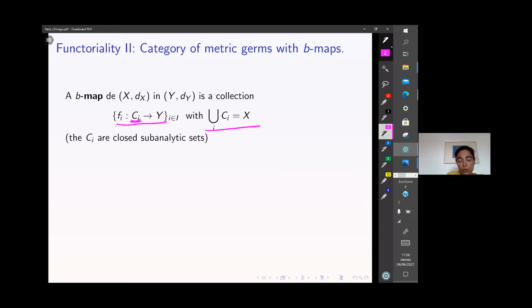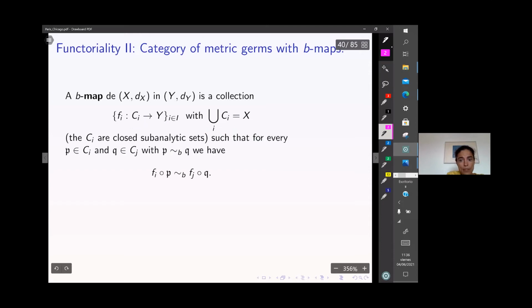You can think, for example, that these mappings are Lipschitz, to simplify. And we ask a gluing condition: whenever we have two b equivalent points, and these compositions are possible, then the images must also be b equivalent. So in short, these b-maps define a well-defined mapping between the set of b points in X and the set of b points in Y. It's not a mapping, but at the level of b points, it is a map.